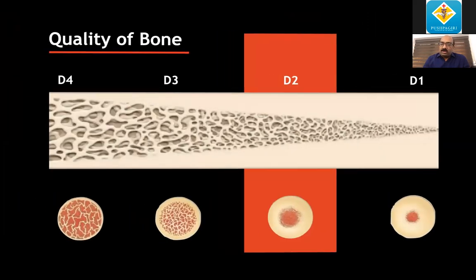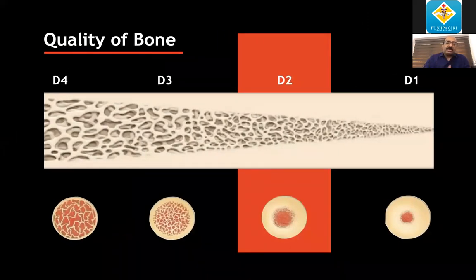And where we have to place the implant, and what is the quality of bone we should have? Very ideally it is D2 type of bone, that is a mix of cortical and cancellous bone. The medullary bone area is adequate to give you viable bone cells and a good amount of cortical bone to hold the implant in place firmly.